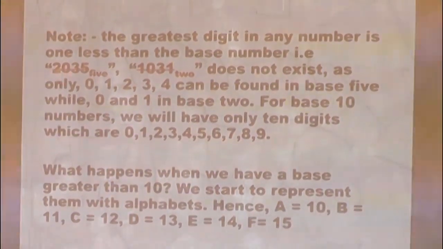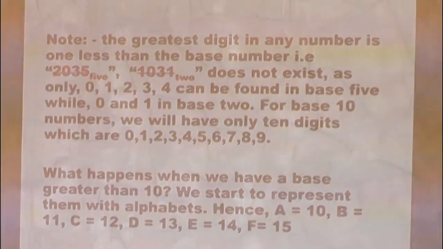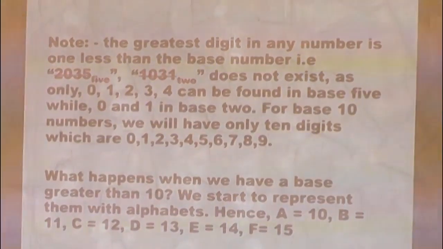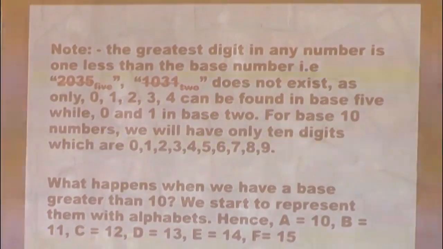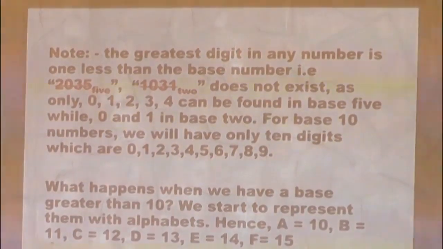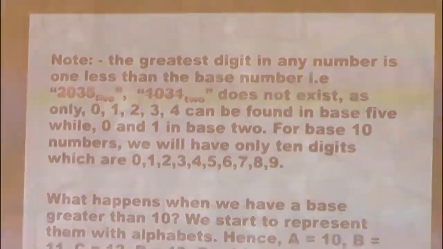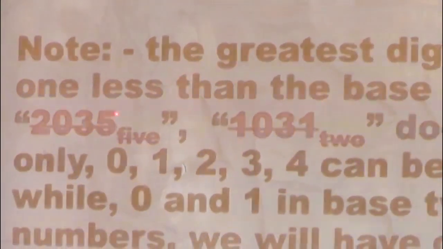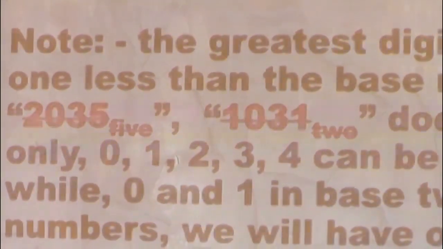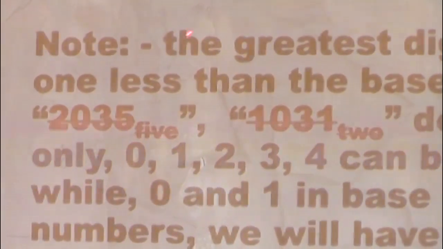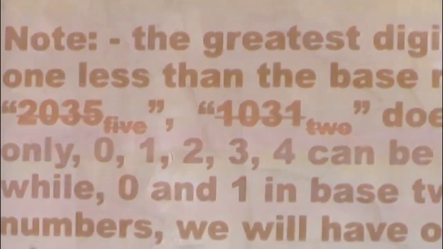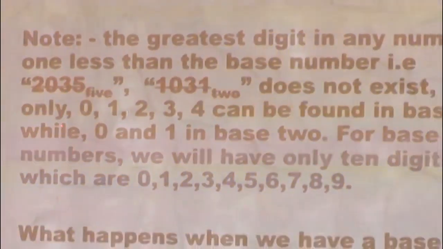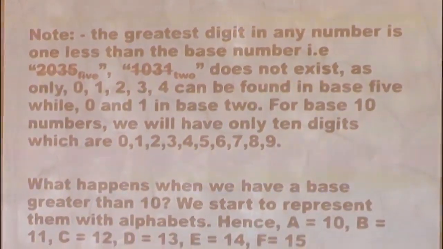So in base 5, the only set of numbers you can have includes 0, 1, 2, 3, and 4. Now, if you're having 2035 to base 5, it's improper. There's nothing like that, because the greatest digit, which is 5, is already equal to the base you're talking about. So this is no longer in base 5. It could be a base 6 number, base 7 number. Remember, we said the greatest digit in any number is 1 less than the base.